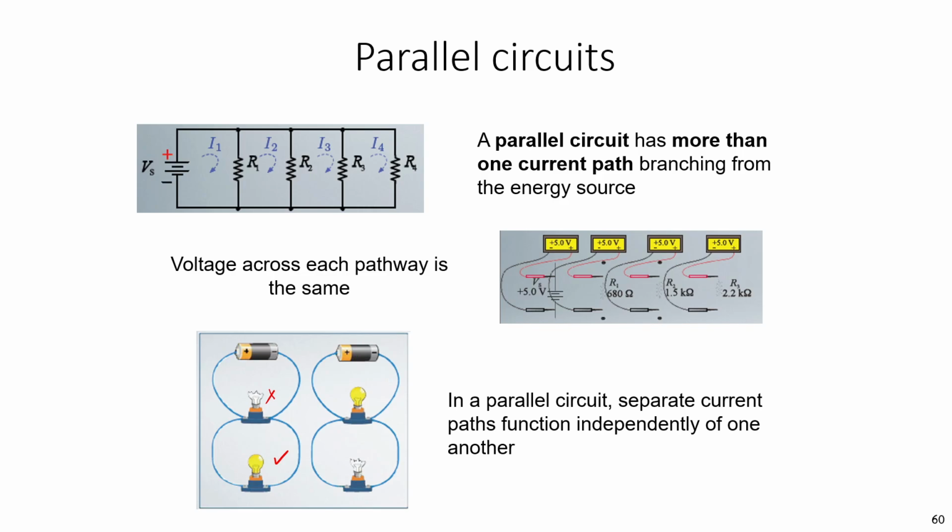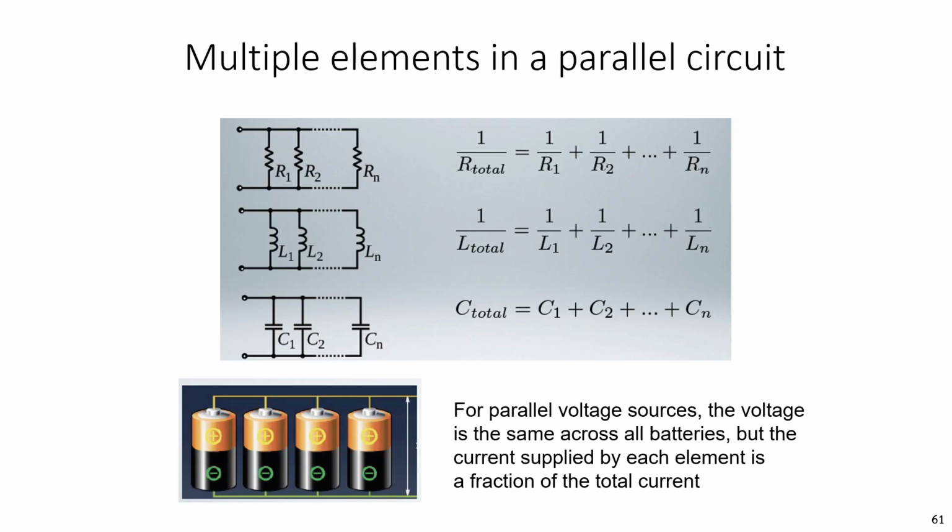And we have the method to calculate the current, or to get the equivalent resistance of this circuit. You can also connect the voltage sources in parallel, and we get the same voltage, but we have larger energy storage, right?